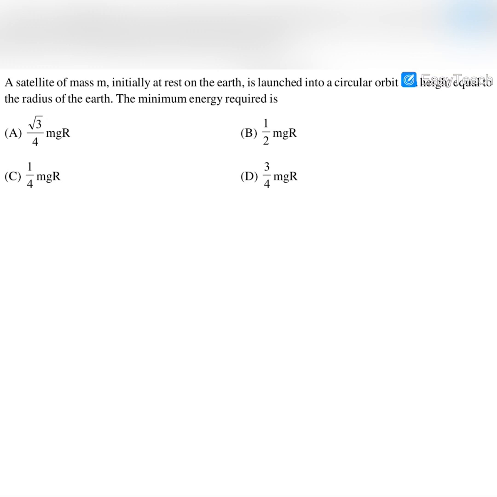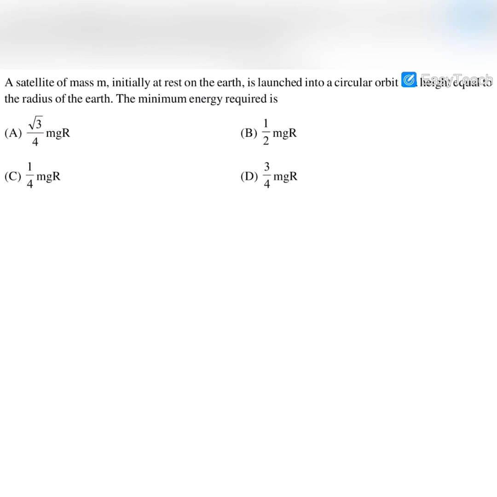In this problem, there is a satellite of mass m initially at rest on the surface of Earth. It is launched into a circular orbit at a height equal to the radius of Earth. We need to find the minimum energy we should give the satellite so that it gets established in the orbit of radius 2r, because its height is r.